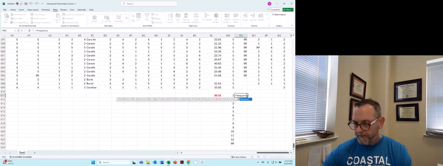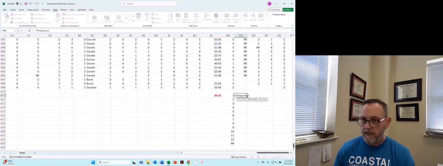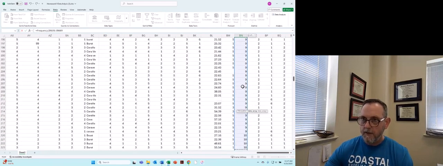The frequency function works on an array, or a set of numbers. What we need is two things: the data array, and then what they call a bin array. So this is going to be the data array.